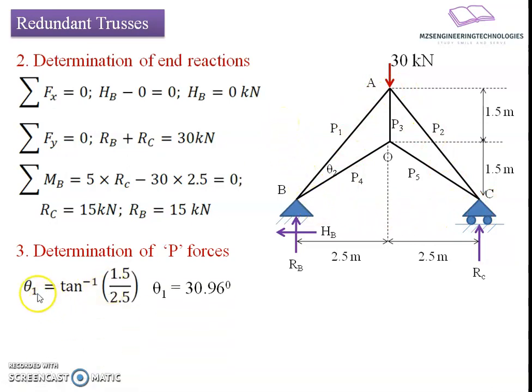For that, let's say the angle traced by the inclined member with horizontal is theta. For OB and OC, we have tan inverse 1.5 divided by 2.5, resulting in theta 1 as 30.96 degree. Similarly, theta 2 for the members AB and AC is tan inverse 3 by 2.5, which comes to 50.19 degree.